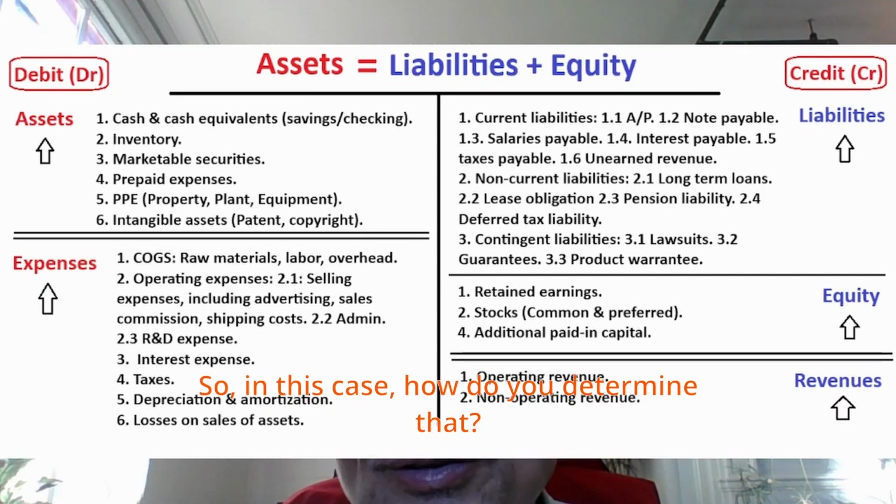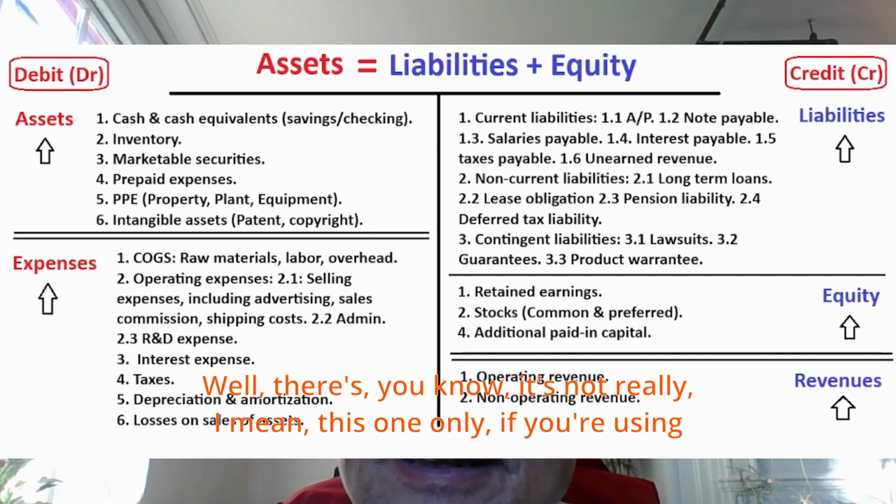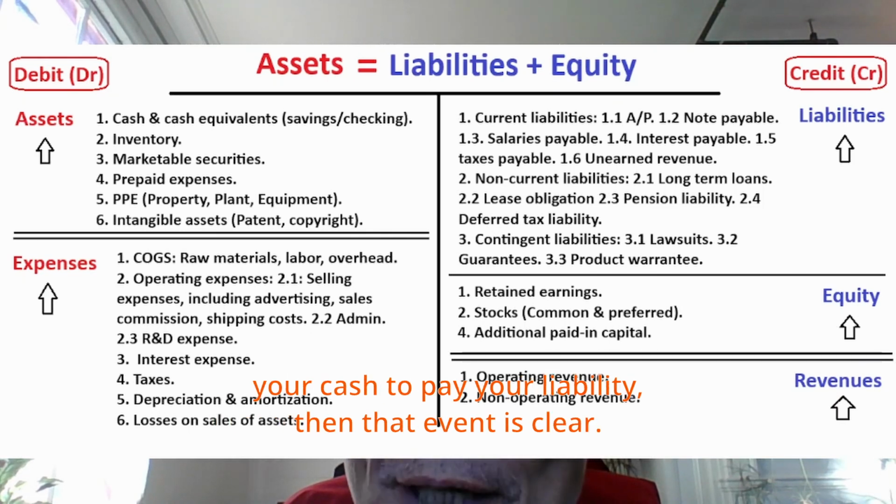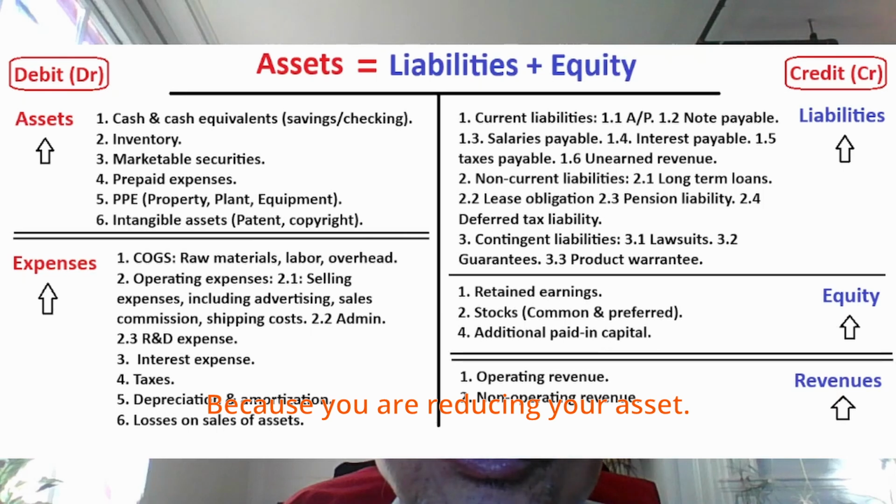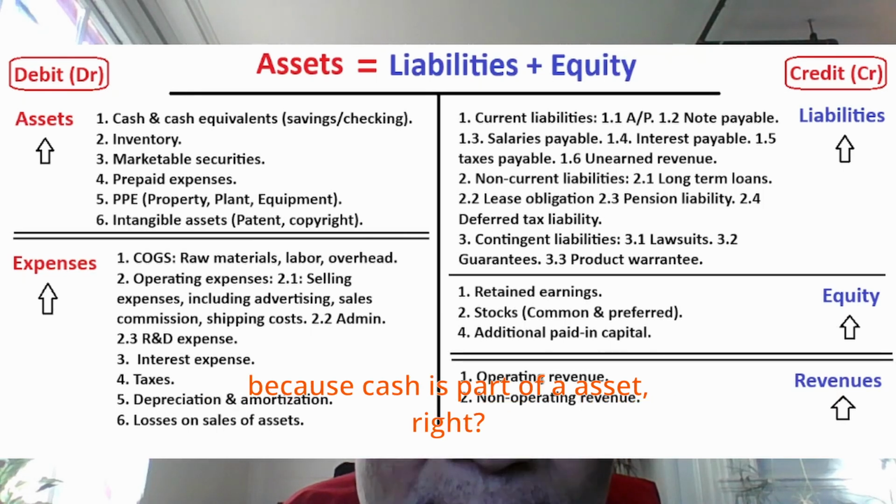So in this case, how do you determine that? If you're using your cash to pay your liability, then that part is clear, because you are reducing your asset, since cash is part of an asset.